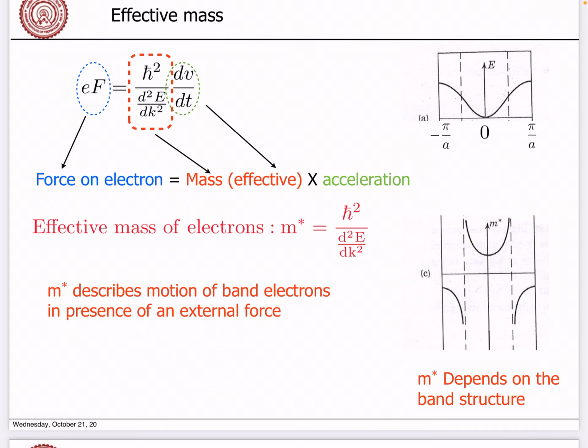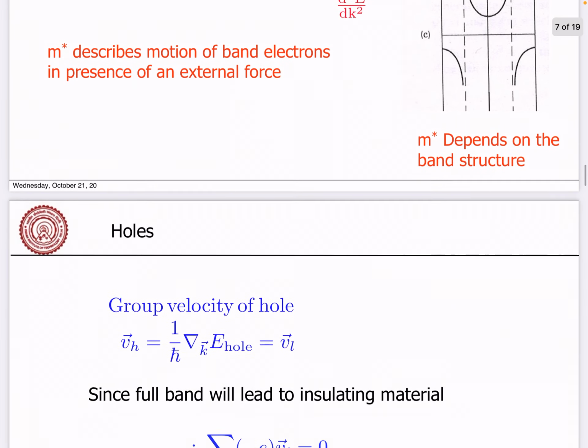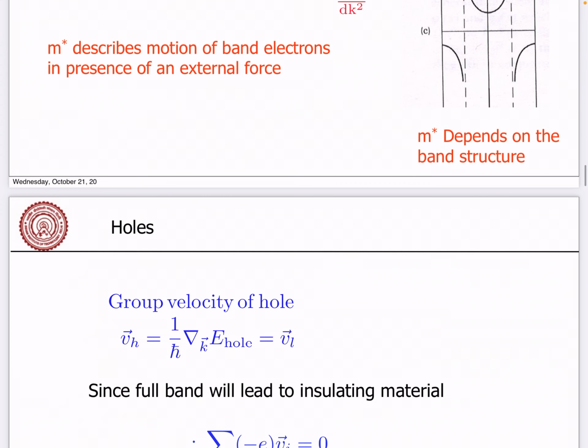What it essentially means is that when there is an empty state, it will not start from the bottom of the band. The empty state will start from the top of the band, because you remove the electron from the top of the band, right? Okay, all right. So this is all about the effective mass.